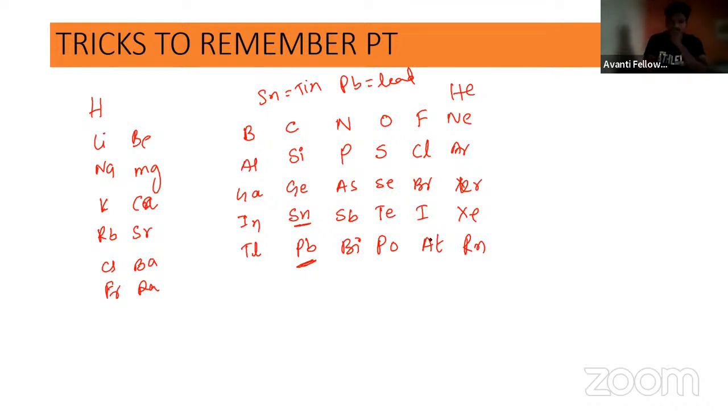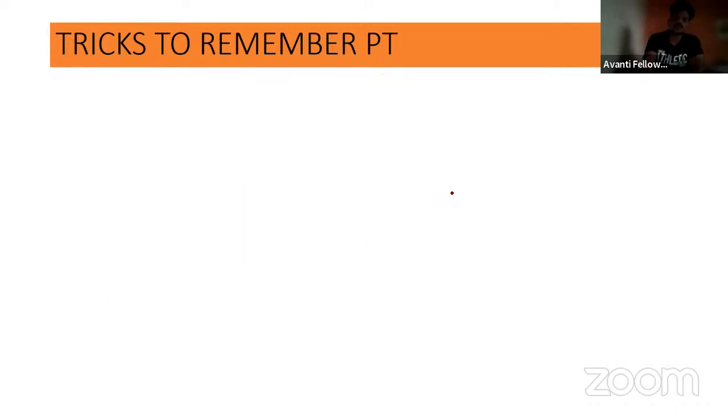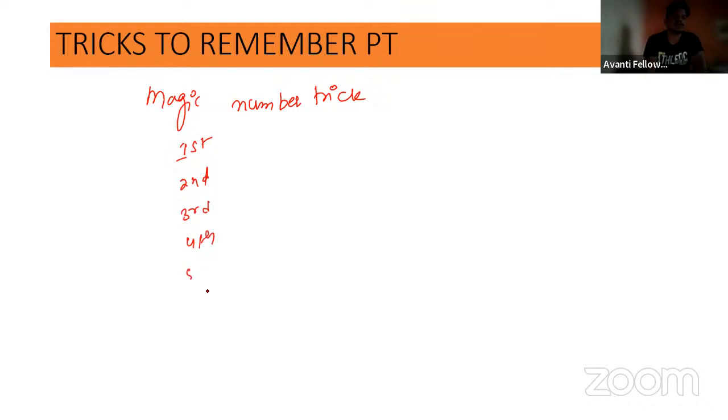Now next one: magic number trick. Sir, what is the meaning of magic number trick? It means I'm going to write the number of elements in each period. First, second, third, fourth, fifth, sixth, seventh.